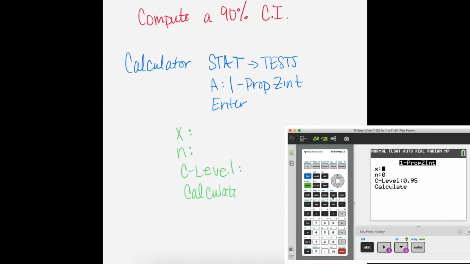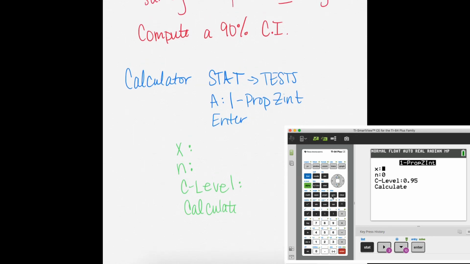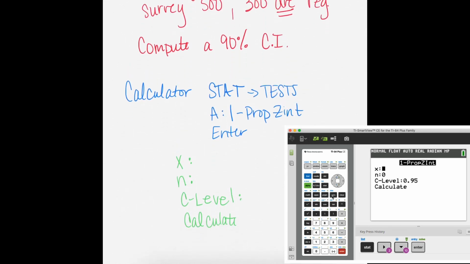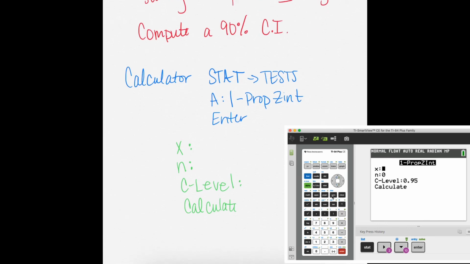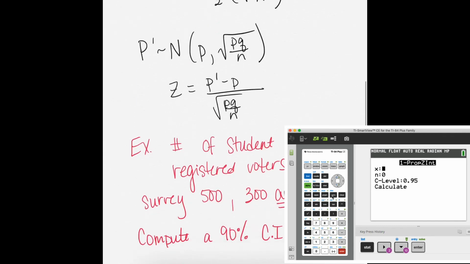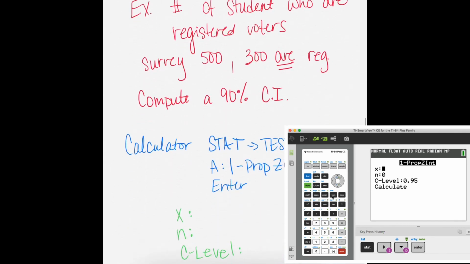In this case, x is the number of successes. We're going to define success as people who are registered voters.